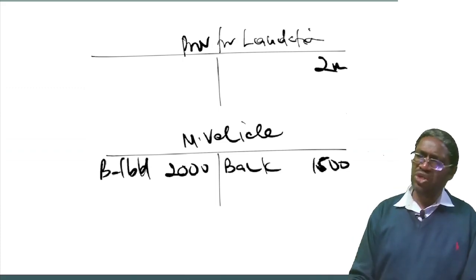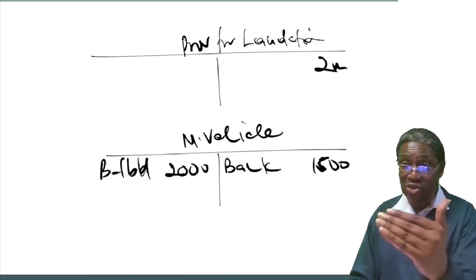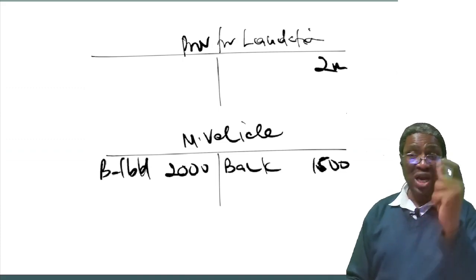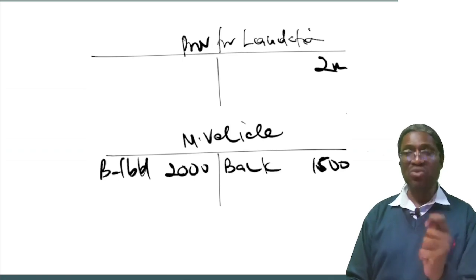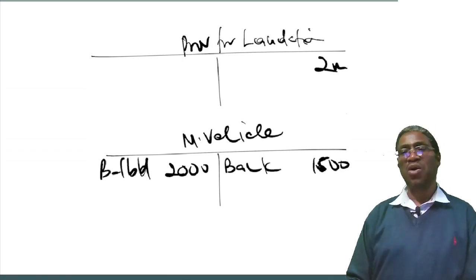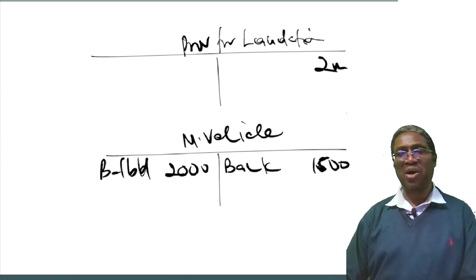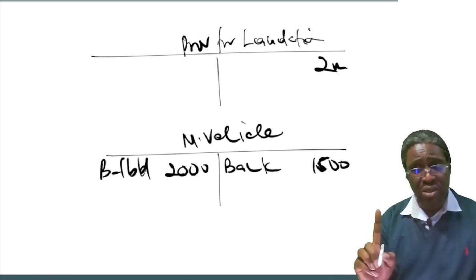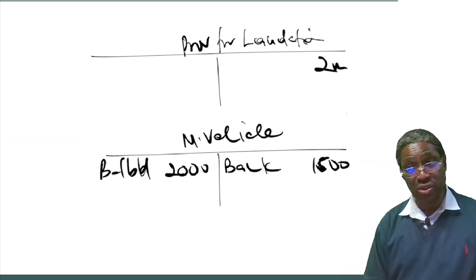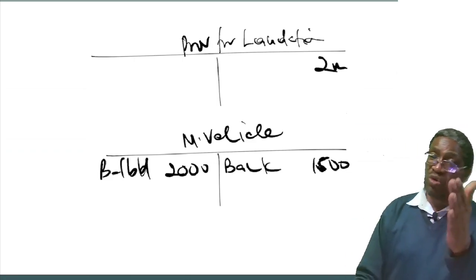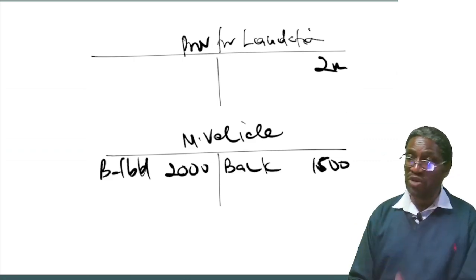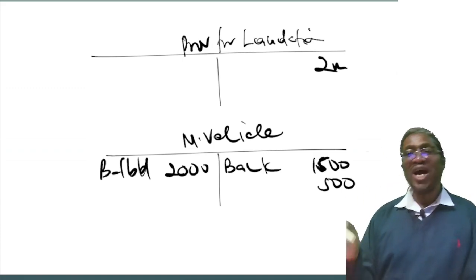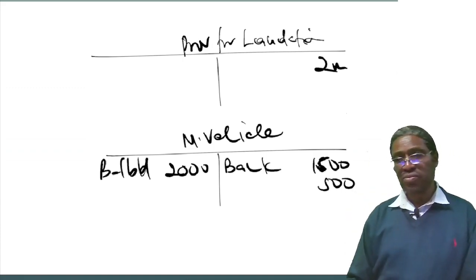Whatever is the gain or loss on disposal, you take it to the realization account. Don't forget, we are using realization as our operating account. Like now, it is a loss. We sold a motor vehicle whose book value was 2 million for 1.5 million. That's a loss of 500. You will credit motor vehicle and you will debit realization.